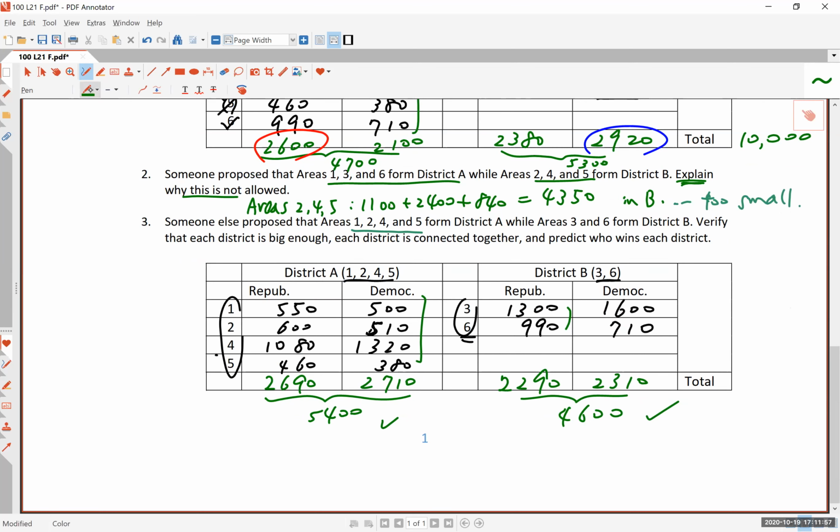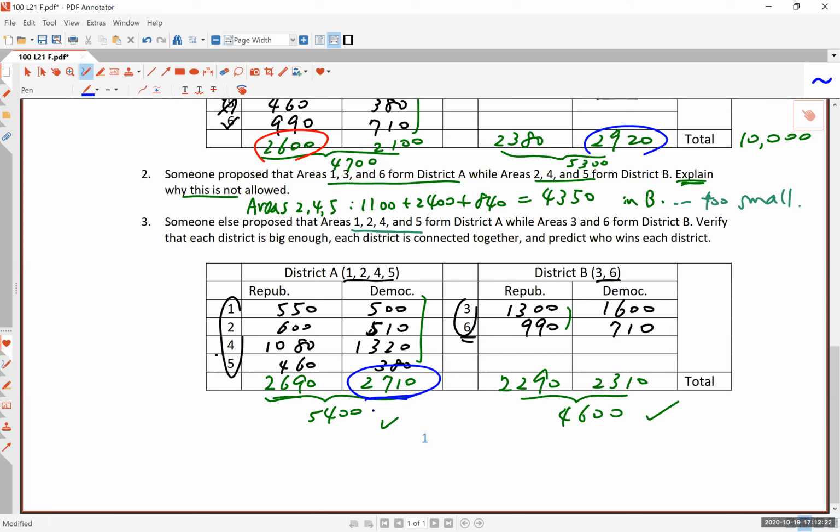Okay, now let's see what happens to the winners. If you compare these two numbers, you can see that it's a very close call, but if every registered voter votes according to his or her political affiliation, blue would be the winner of District A by 20 votes. Really close.